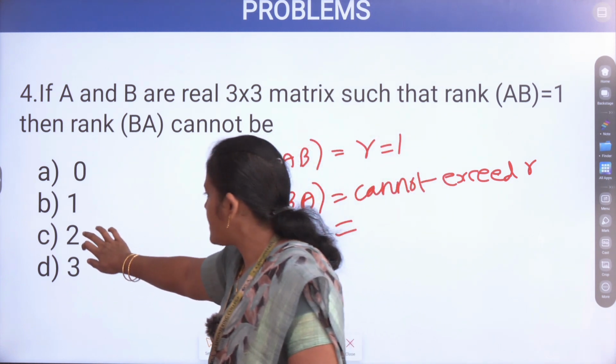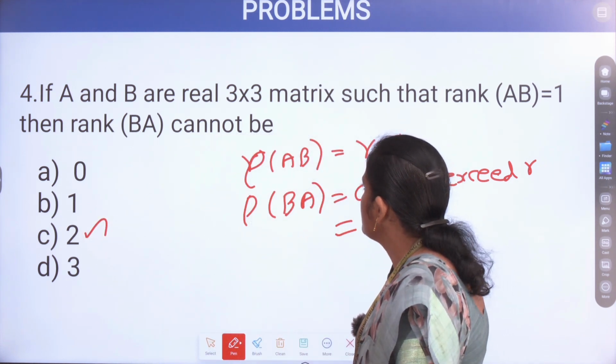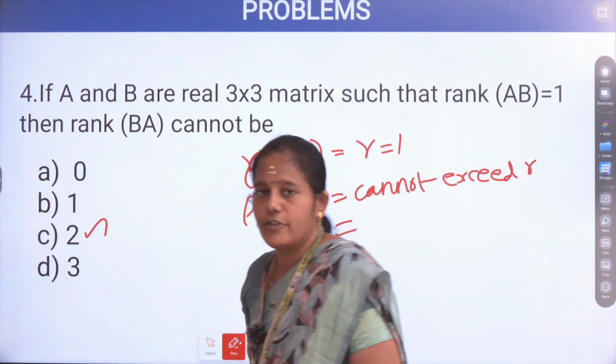So the rank of the matrix cannot be 2. Rank of BA cannot be 2.